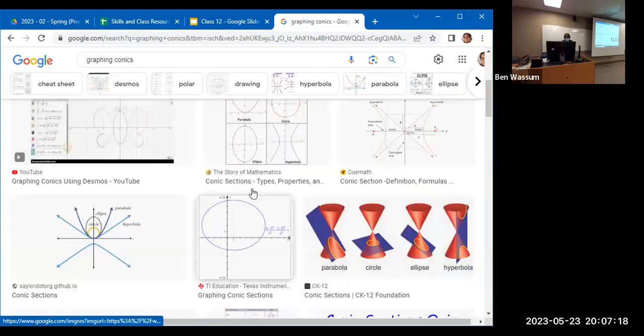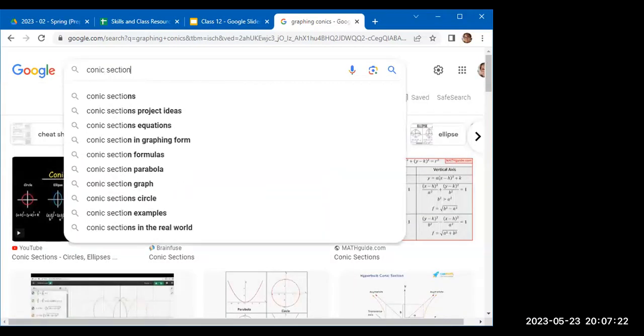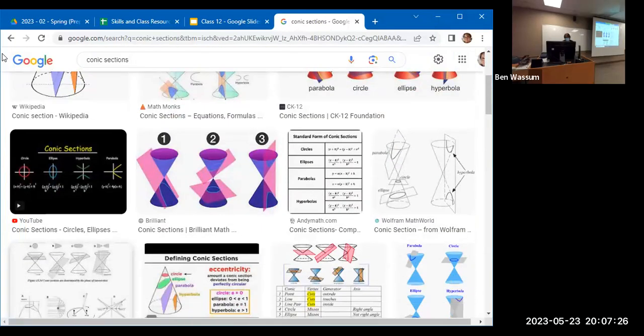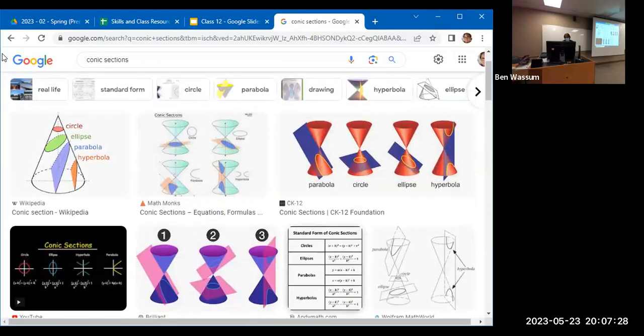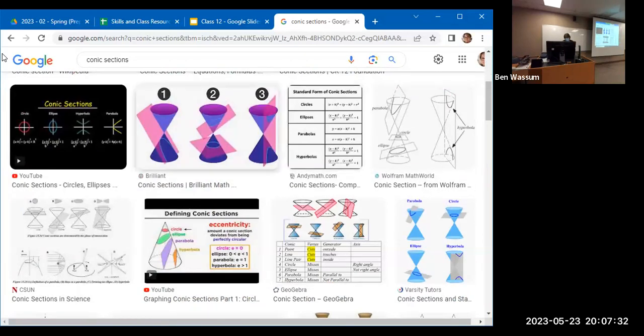Sounds to me like you were doing conic sections. Yeah. Which we ain't even gonna look at, but that's the general idea, is that circles, ellipses, parabolas, and hyperbolas are all shapes that are made by a plane cutting through a cone.